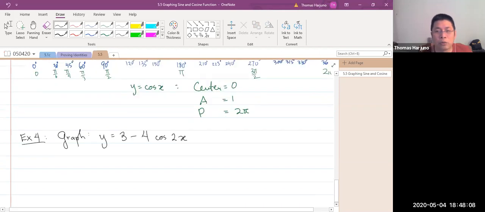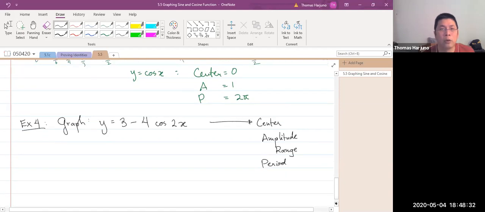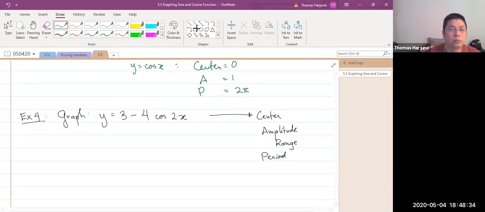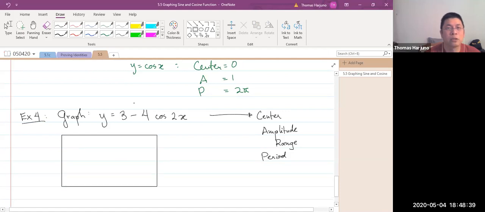Now let me ask you to find from there the center, the amplitude, and therefore from there get the range and the period. Okay, later on we will put that into this 2 by 4.